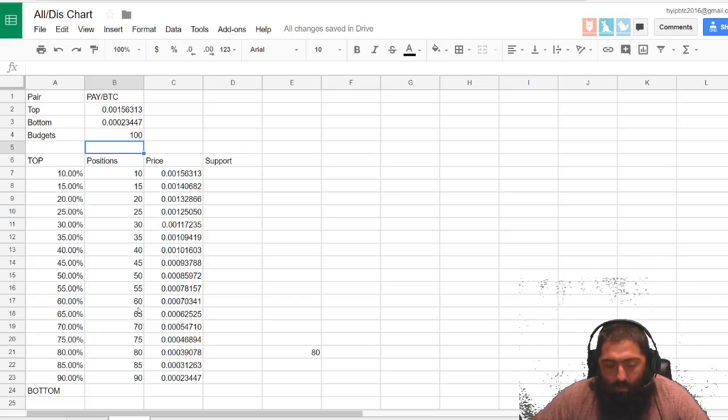So if it jumps up to 10%, sell them off. Sell your 10 positions at 10% and make your profit. Now if you do what Sensei just taught you, you're going to sell 1 position an hour for 10 hours. And just keep, as it keeps going up, you're just grabbing more profit.